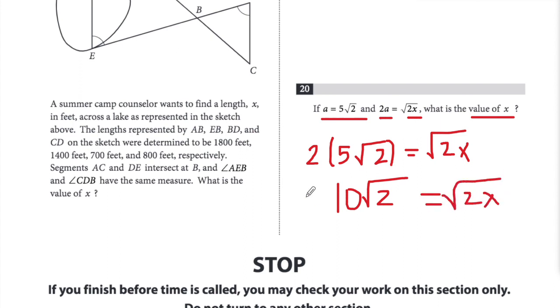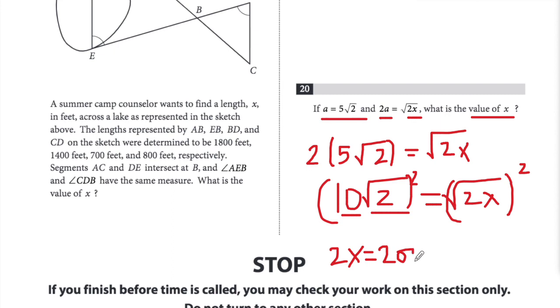Now if I'm squaring these on both sides, I get 2x equals 10 times 10, because it's 10 squared, which is 100. And then when you square this, it's just 2. So it'd be 200, because it'd be 2 times 100, which is 200.